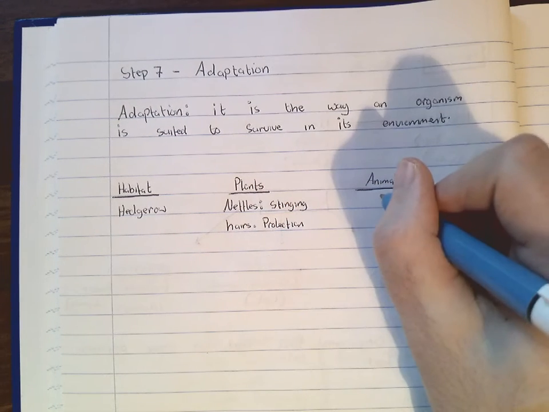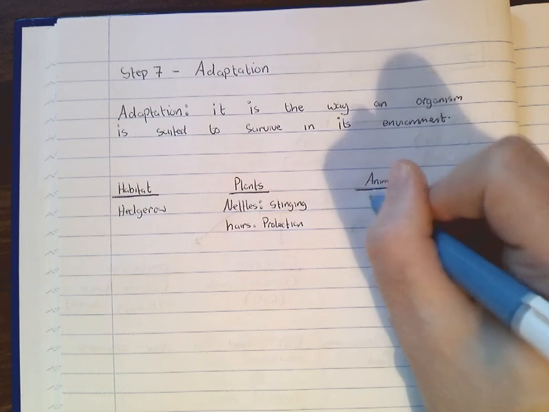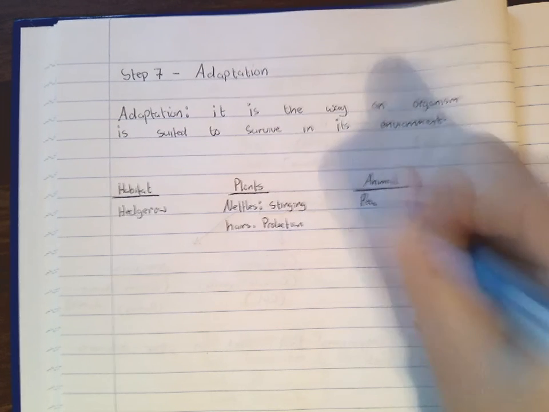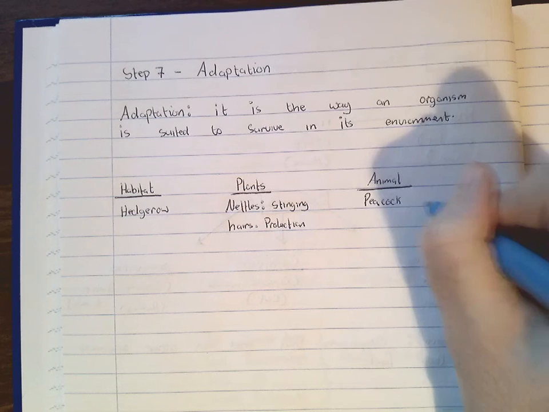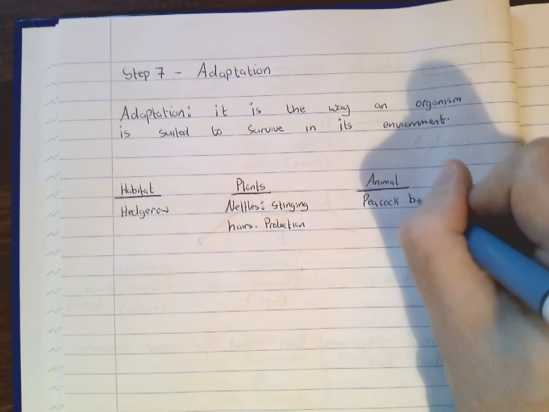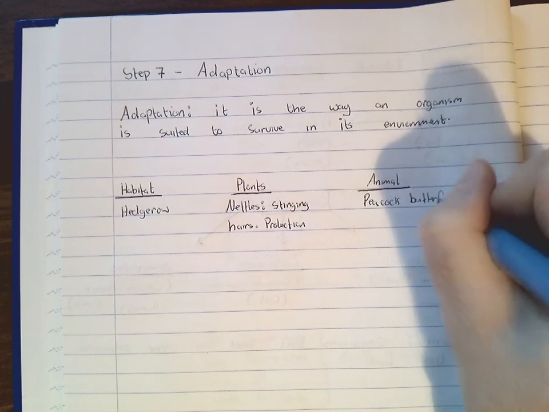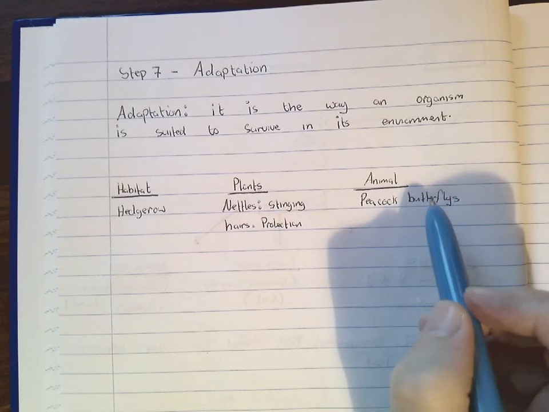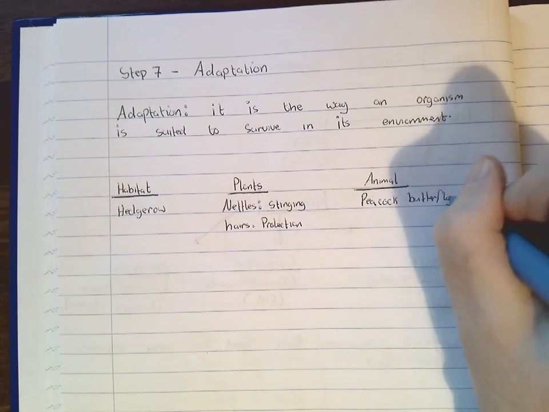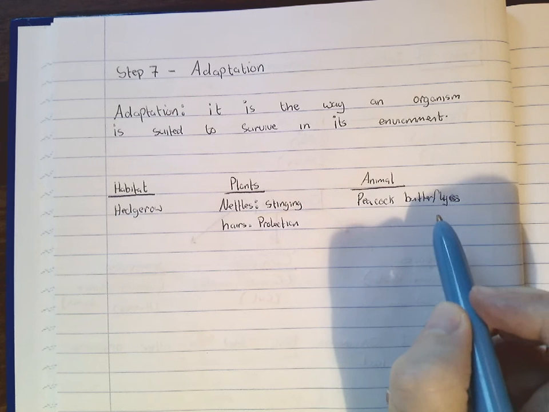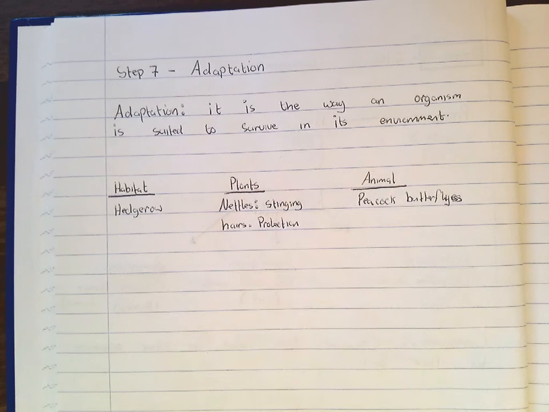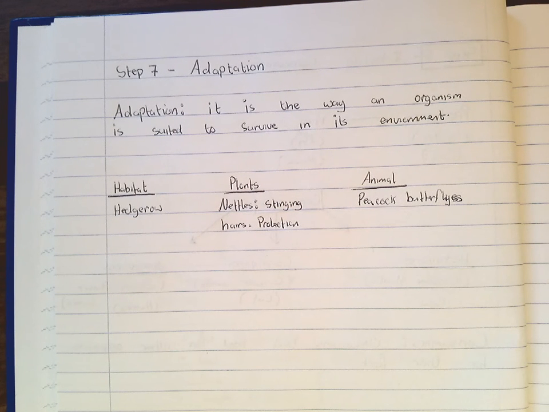Within the hedgerow as well, you have what are called peacock butterflies. And these peacock butterflies have these really long tubular mouthpieces.